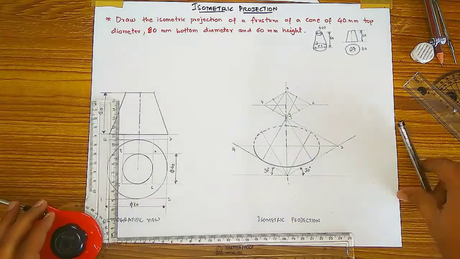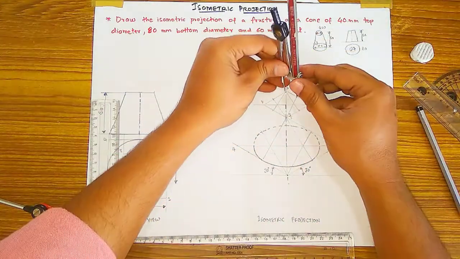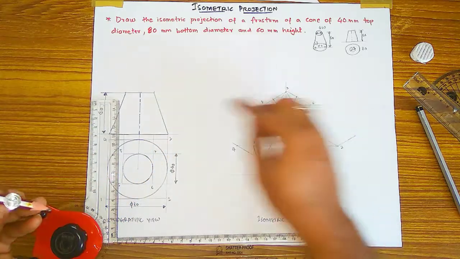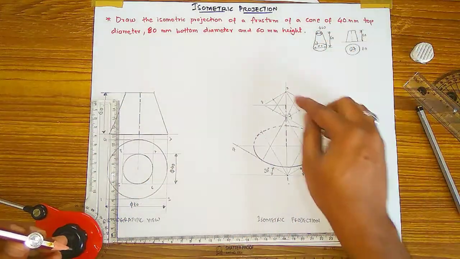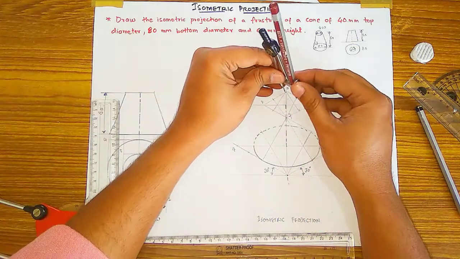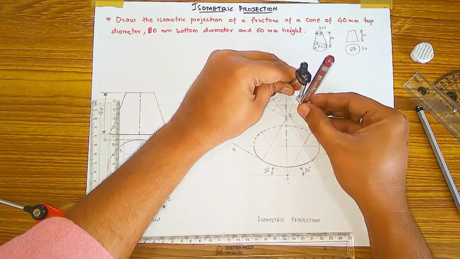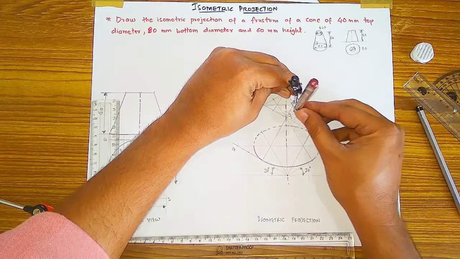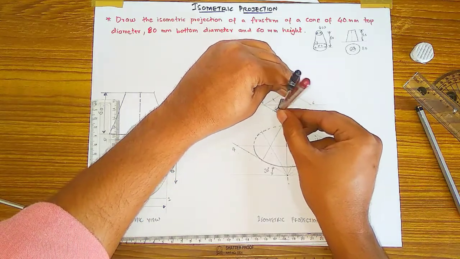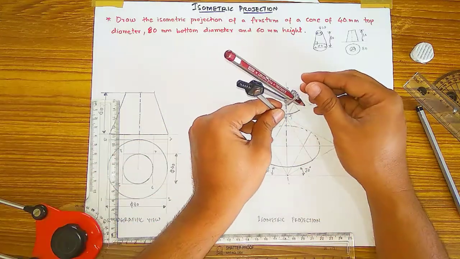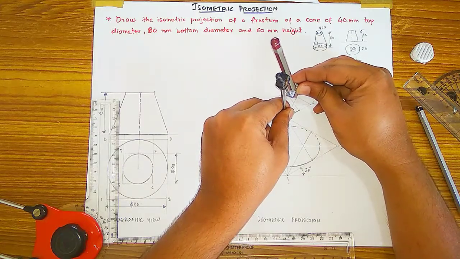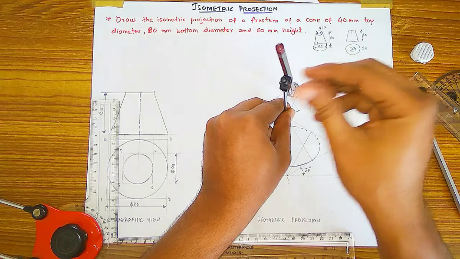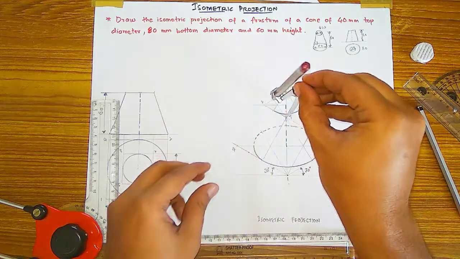Then after, take your divider and keeping on 7, this whole top face of the circle is visible from the front, so we have to do the whole circle dark. Because it is visible, adjust your divider and draw an arc like this, and keeping on this end, adjust your divider, draw the arc.